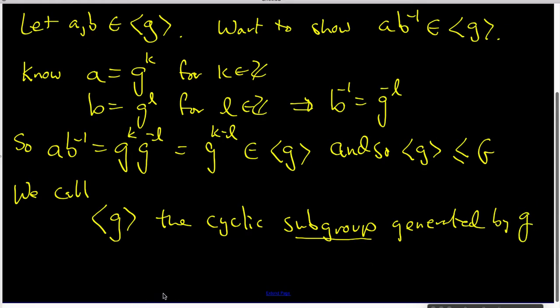And the final thing that I want to do is say that while the proof is written in a multiplicative fashion, we have cyclic subgroups in additive groups, and they work the same way. It's just that we have to translate the notation. So a notation note.